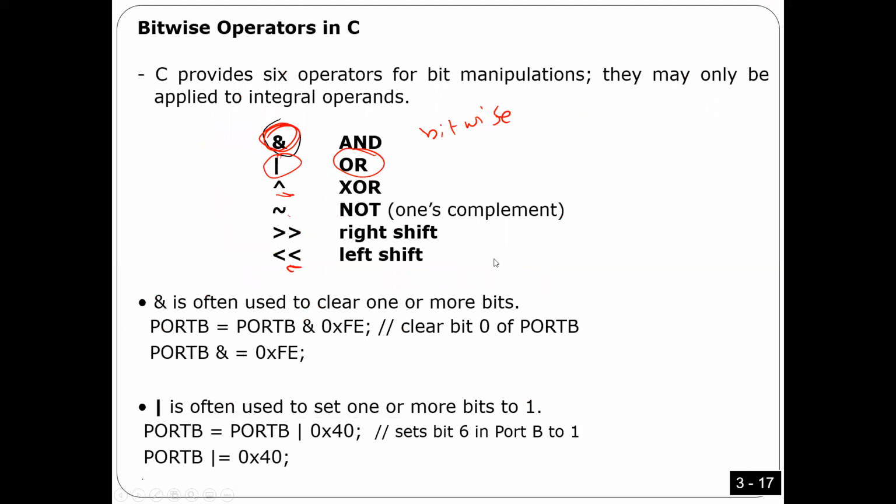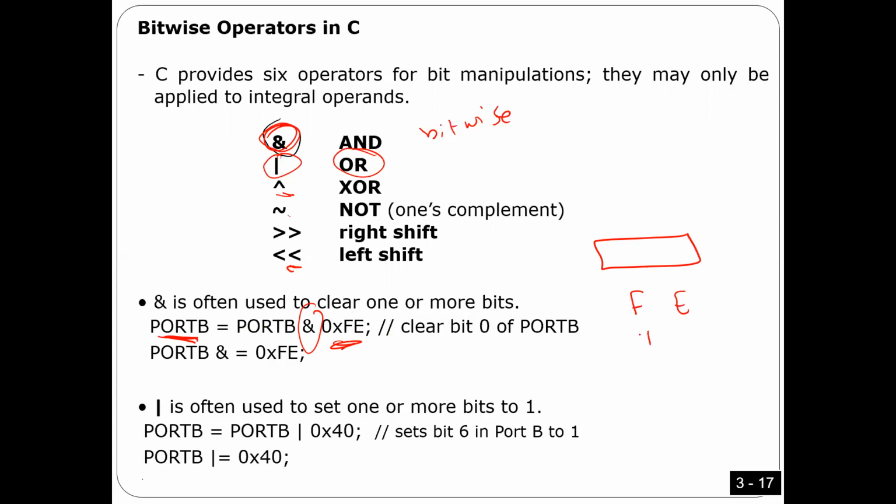So I'm going to give you some examples here. For example, guys, in C language, I can say something like this: Port P, and in C language you can use the word port P, okay? It's like a variable. I can say port B should equal port B AND this number, okay? What does this mean? We're going to do FE.